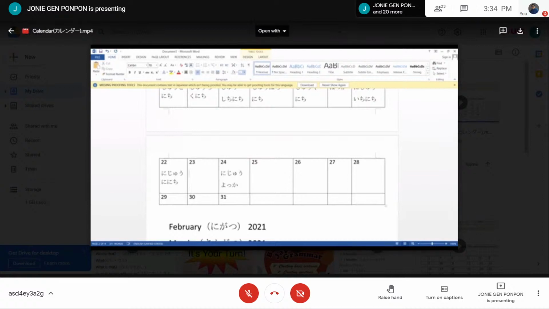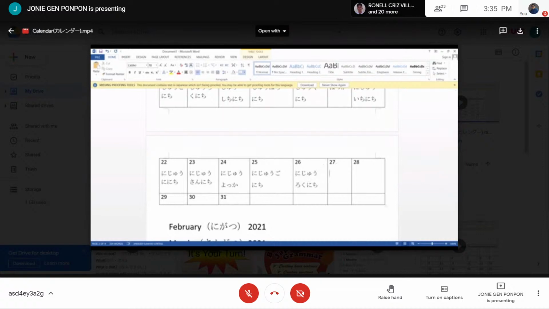For the 23rd, 23 is niju san plus nichi is niju san nichi. And then for the 25th, nijugo plus nichi is nijugo nichi. Then 26, nijuroku plus nichi is nijuroku nichi.